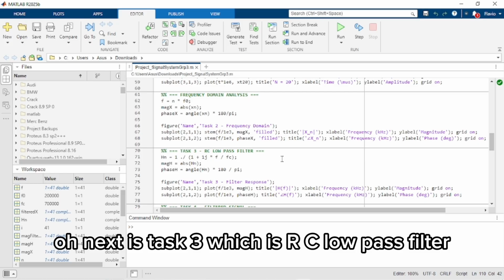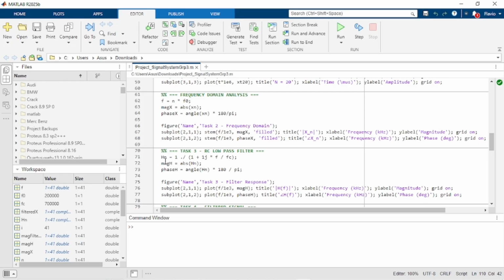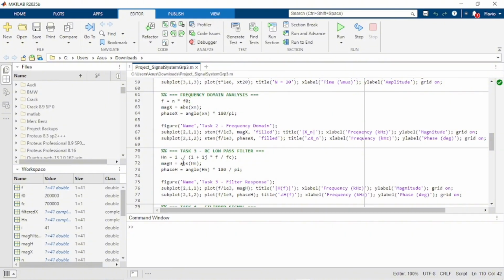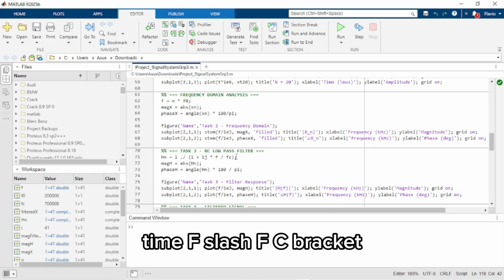Next is task 3, which is the RC low pass filter. The command we need to write is Hn equal to 1 over 1 plus 1j times f over fc.